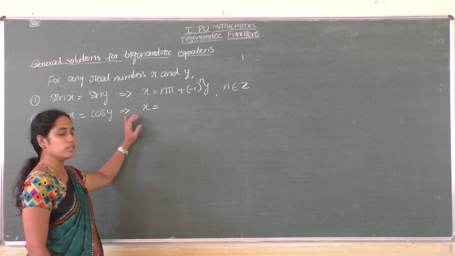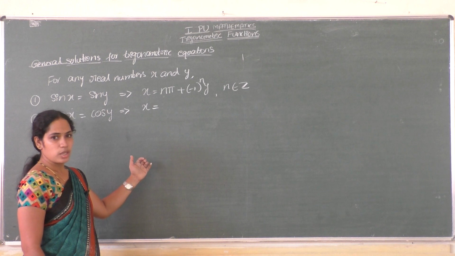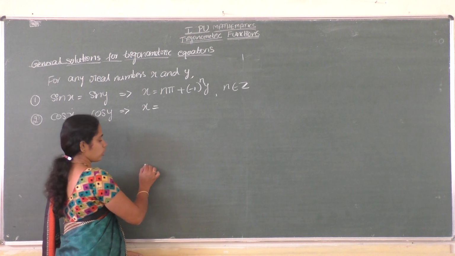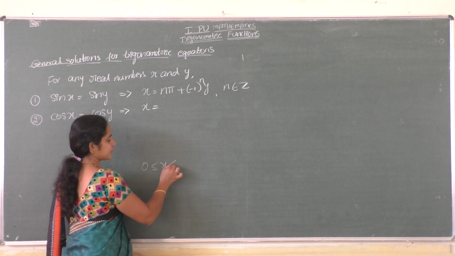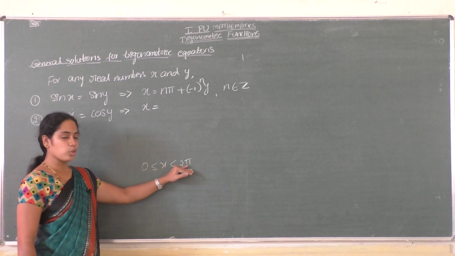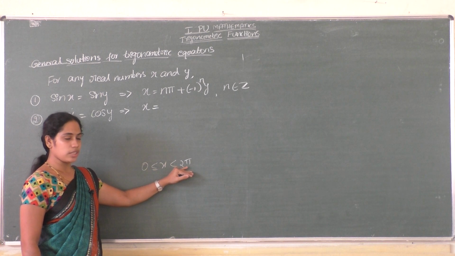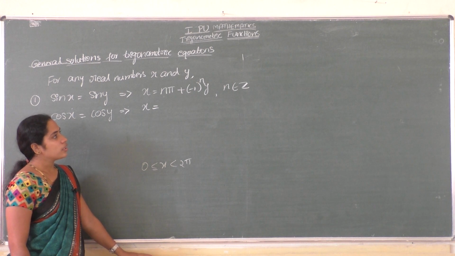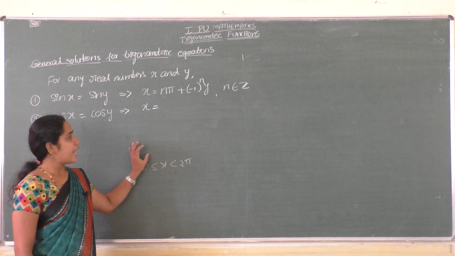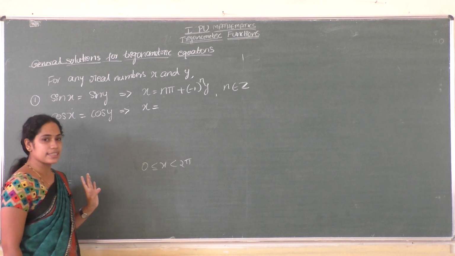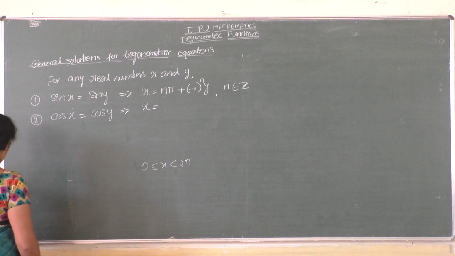The principal solution gives the solution between 0 and 2 pi. If the solution is in the 0 to 2 pi range, it is the principal solution. The expression that gives all the solutions is the general solution.